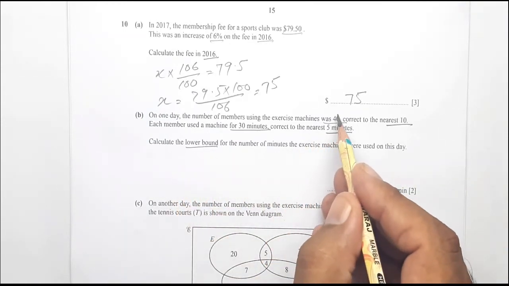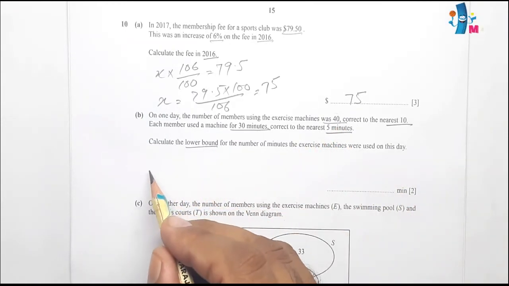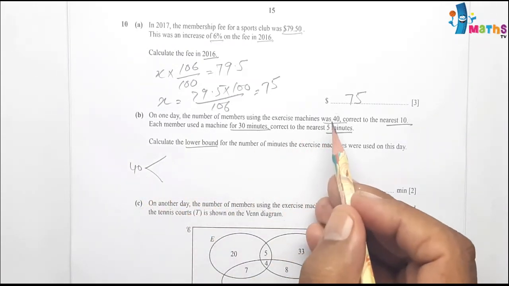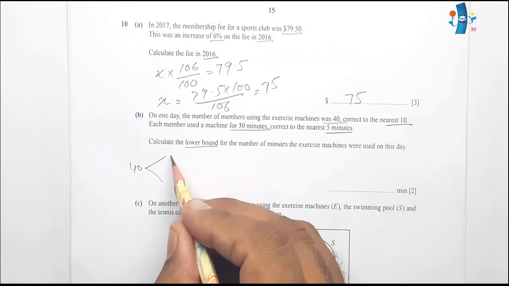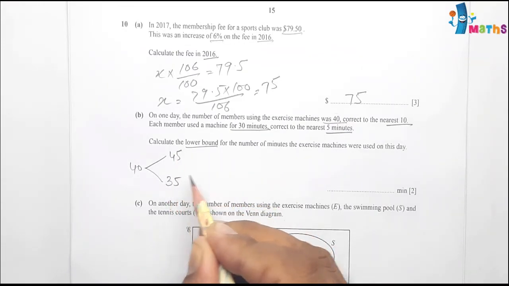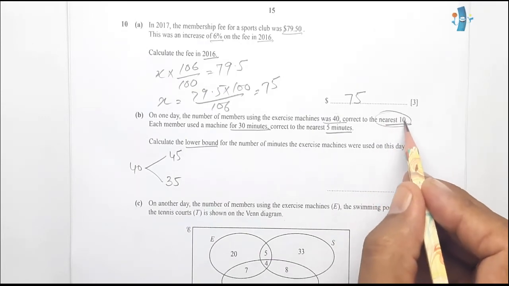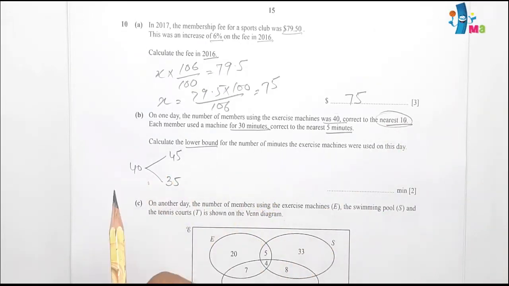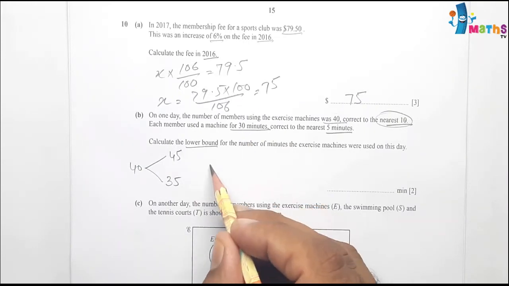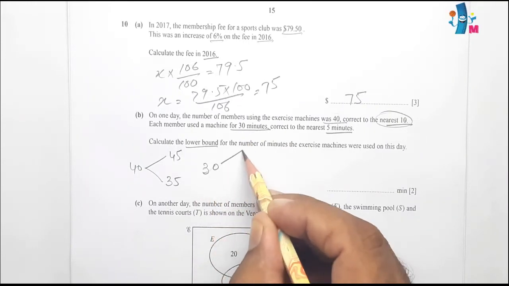So we will find the lower bound and upper bound. We can write the lower bound and upper bound of 40, which are 35 and 45, because it is correct to the nearest 10, so half of 10 we add and subtract. Then similarly we write the lower bound and upper bound of 30.